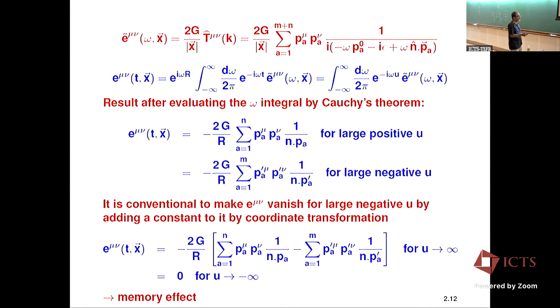So we make E mu nu vanish for large negative u by adding a constant to it, and then get the E at late time to be given by this. And if you recall the expression for A mu nu that I had written down, it's precisely this. So that's the calculation of A mu nu, or the memory effect.